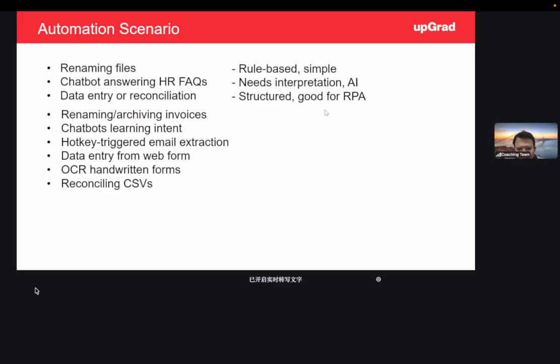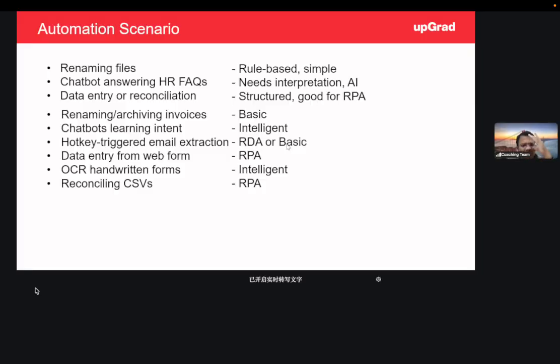But again, if the data is not so complex and not so huge in volume, simple RDA will also do. Likewise, renaming and archiving invoices is basic automation. Chatbots with learning intent are again AI related. Hotkey triggered email extraction is very basic, so you can do it with RDA.